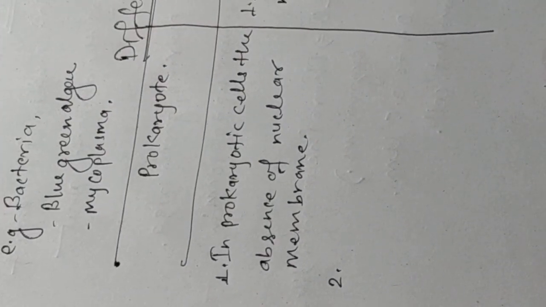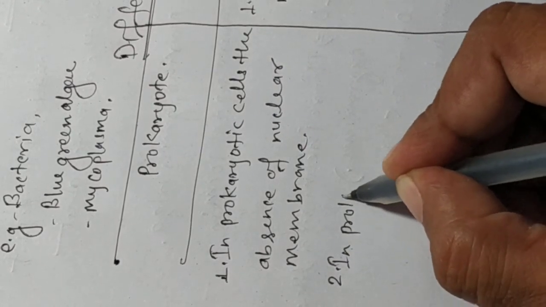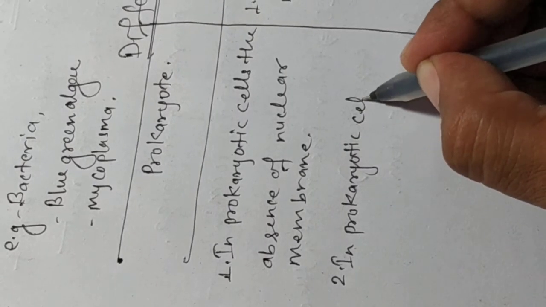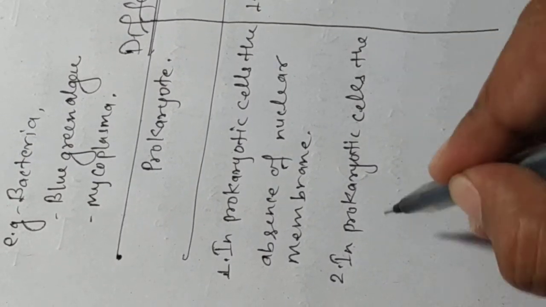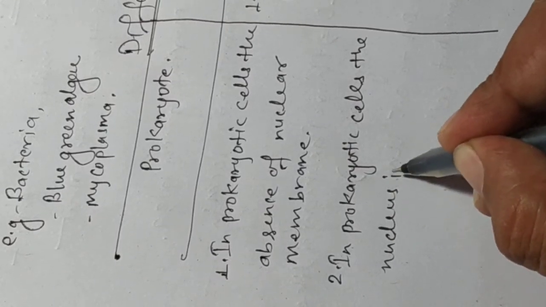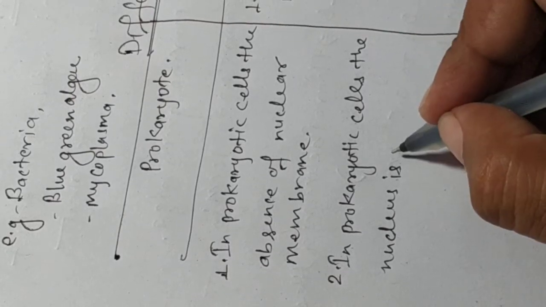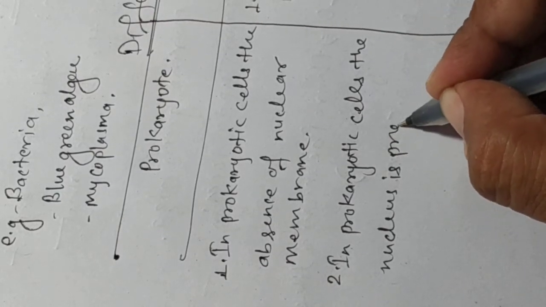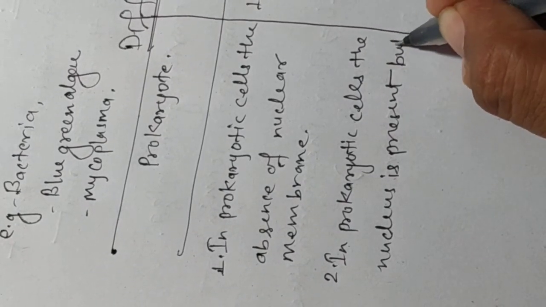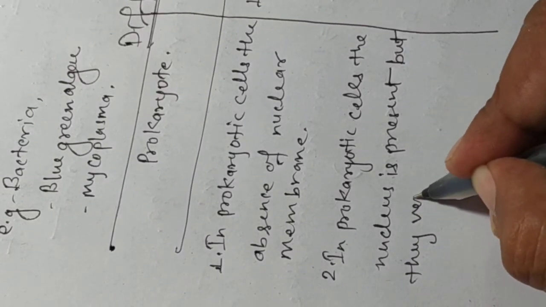In prokaryotic cells, the nucleus is present but very primitive.